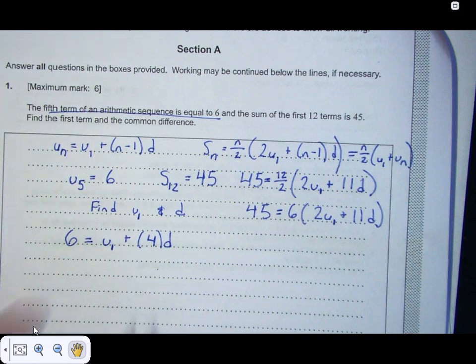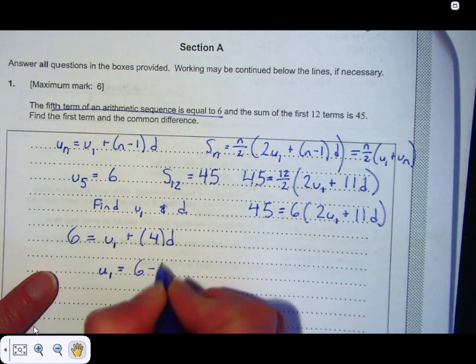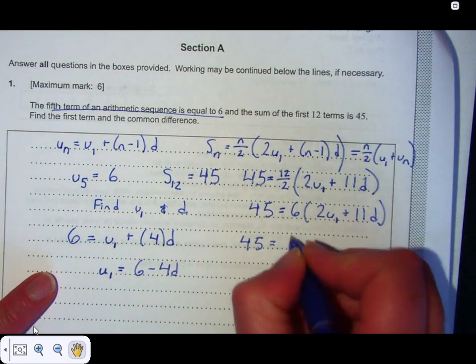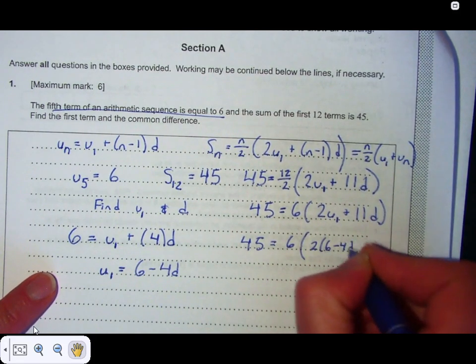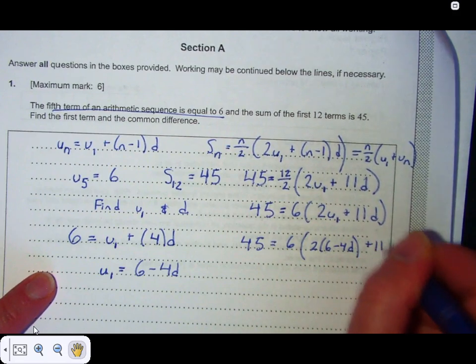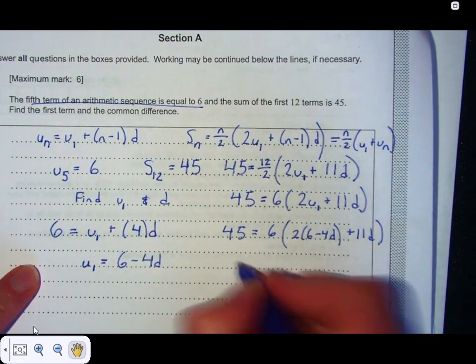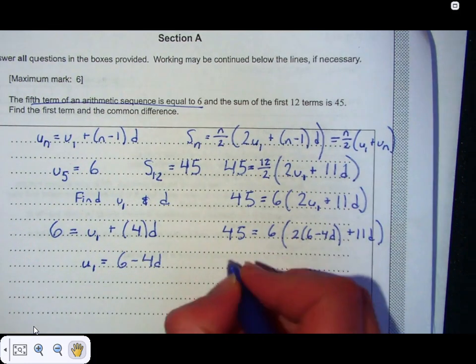Okay, so u sub 1 in this one. So u sub 1 would be 6 minus 4d. So we'll put it in over here. So 2 times 6 minus 4d plus 11d. We could divide both sides by 6 to start with if we wanted to. It's up to you.